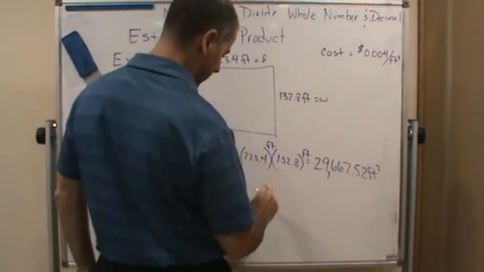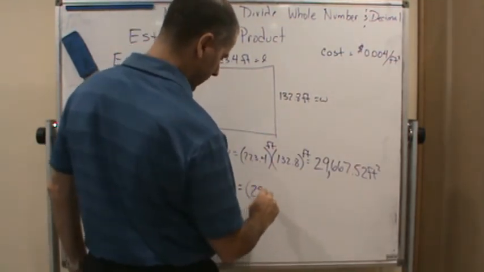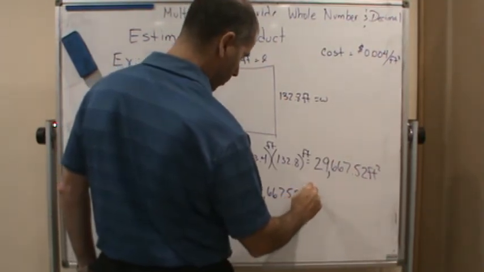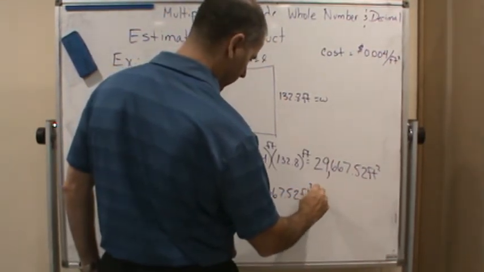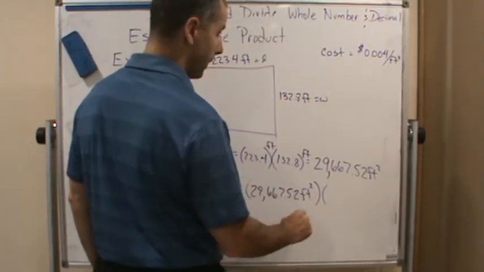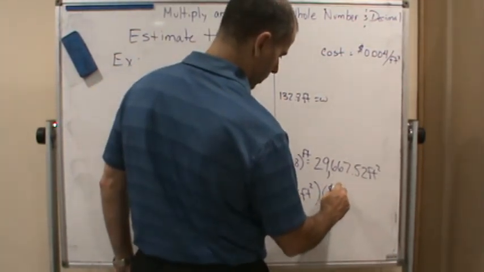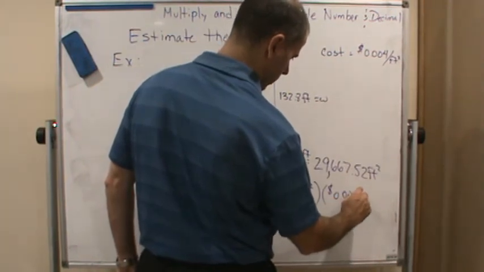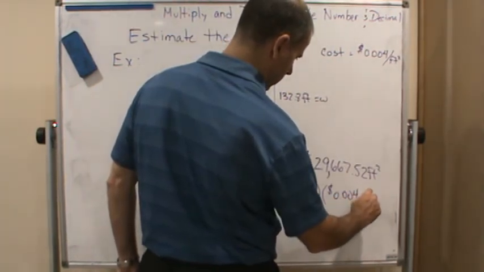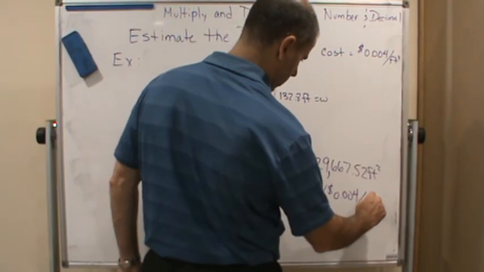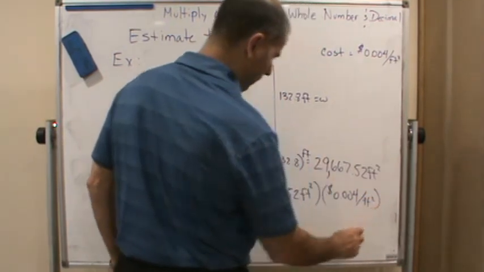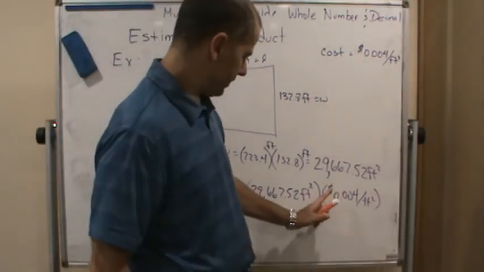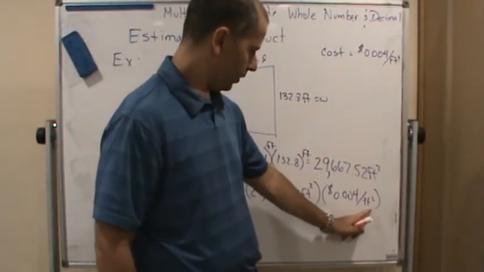So this is going to be what? Area, think about it. This is 29,667.52 feet squared times, now think about this. This is dollars over feet squared.